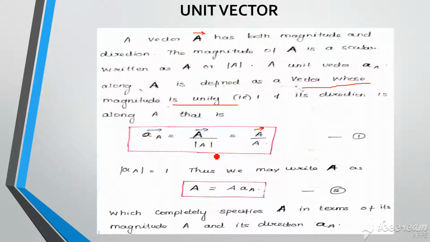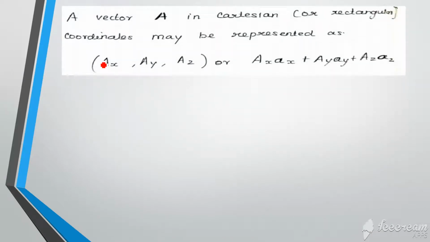Rearranging this equation, we can write vector A equal to A into a_A. That is, A times the unit vector a_A completely specifies vector A in terms of magnitude A and direction along a_A.